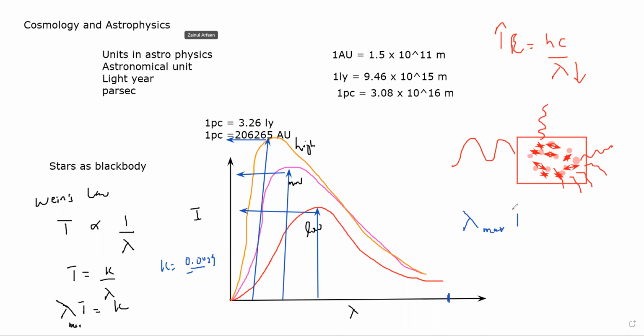So λ max multiplied by T is equal to 2.9 × 10^-3, because 0.0029 will always be the value of the constant of the black body.